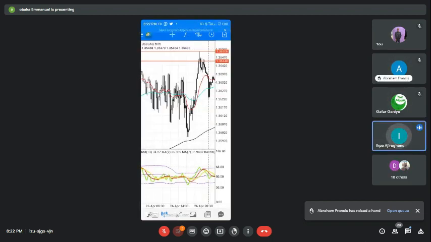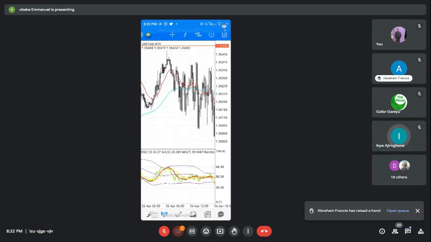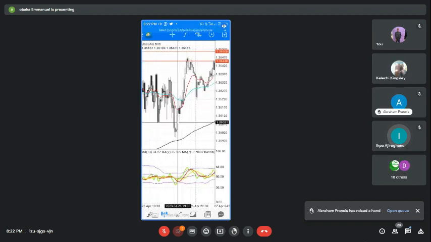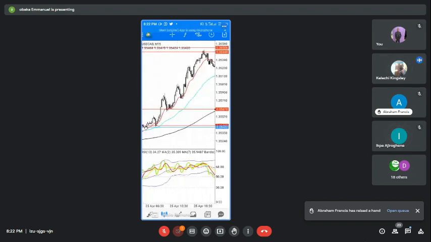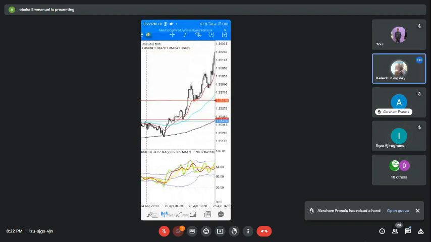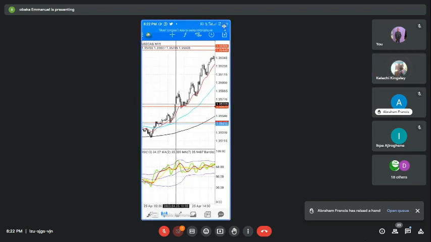But boss, does this type of entry require TDI confirmation? Only when I use TDI confirmation is when it breaks above here. You know, this place is the high of yesterday.